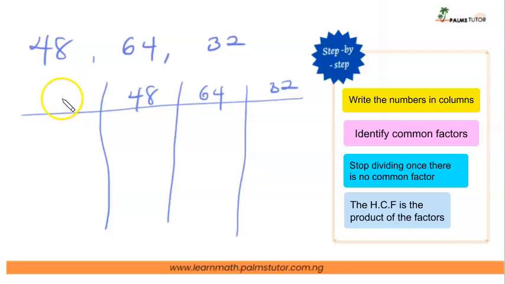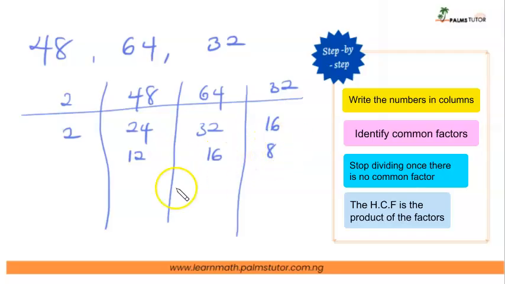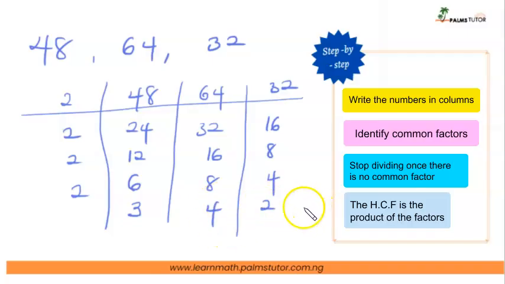They're all even numbers, so I'll start with 2, goes here 24 places, 32, and 16. All even numbers again, so we keep using 2, 12, 16, and 8. All even numbers, I have 6, I have 8 here, and I have 4. 2 again, 3, I have 4, and I have 2.